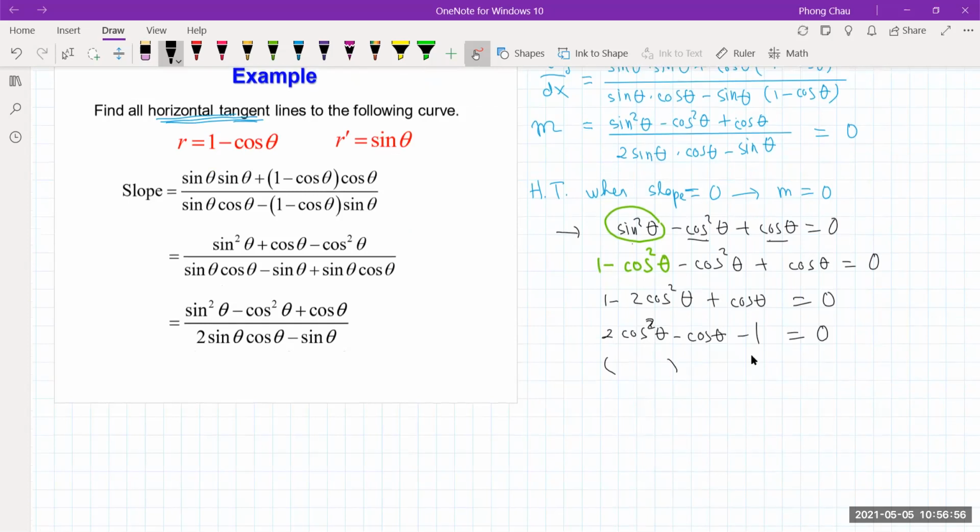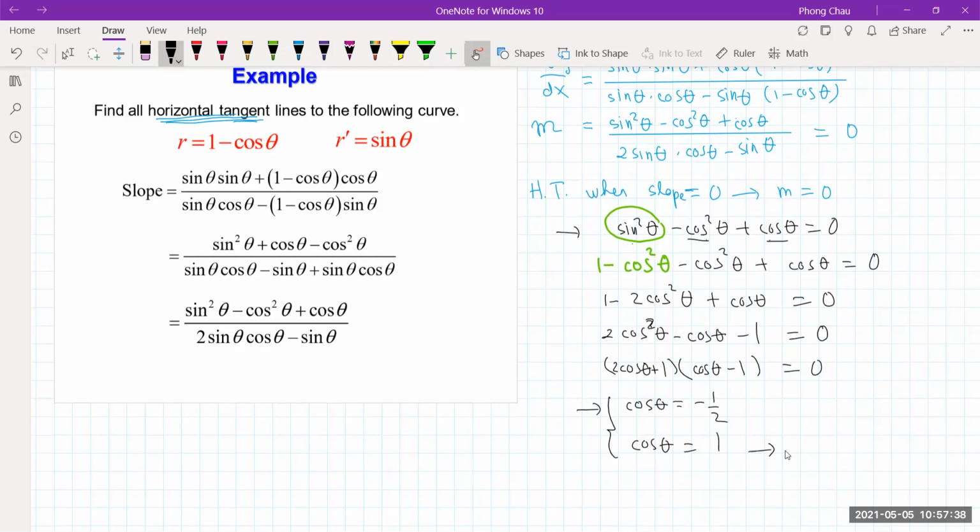I can do it directly by factoring. Cosine squared must be 2 cosine times cosine, and then the -1 has to be 1 times 1 or -1 times 1. I think you should have -1 here and +1 there. So as you multiply, you have -2 plus 1, you get negative. So when you solve, you should have cosine theta equal to -1/2, and cosine theta equal to 1. So you have 2 possibilities.